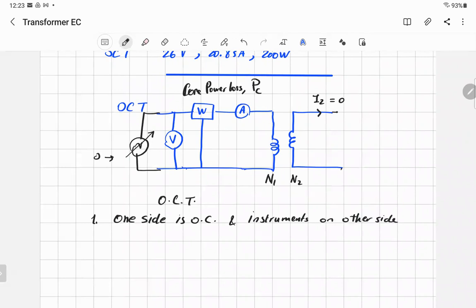They prefer the open circuit to be on the high voltage side, and they like to put the measuring instruments on the low voltage side.